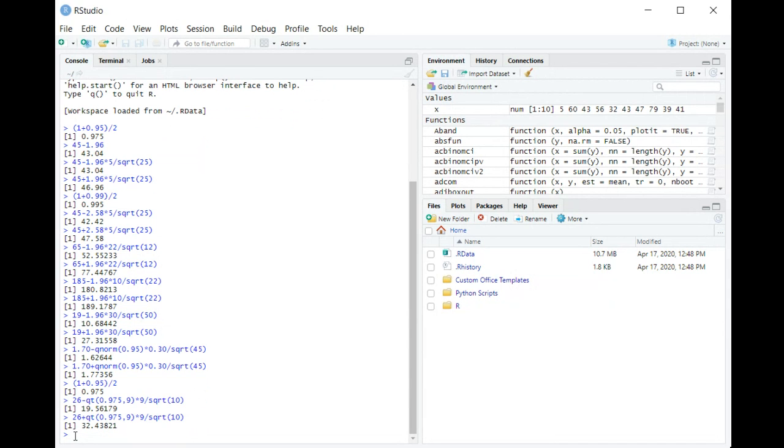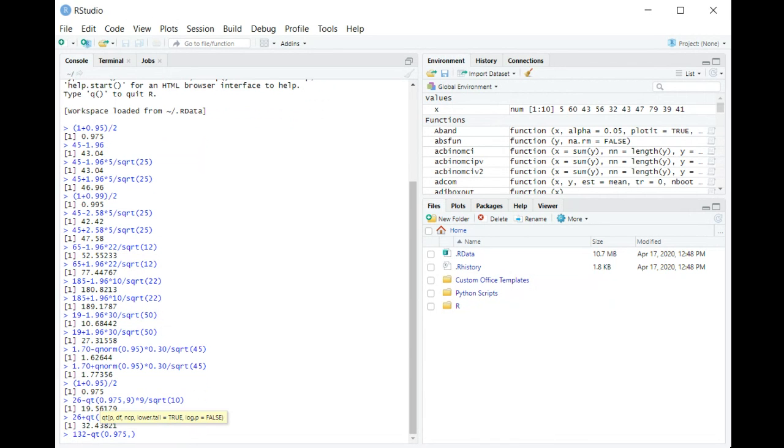Okay, so we're just going to keep practicing with this next one. So in letter B, the x bar is 132 minus QT, and in this case we're going to be using again that 0.975, because they want us to use a 0.95 confidence interval, and in this case it is degrees of freedom.